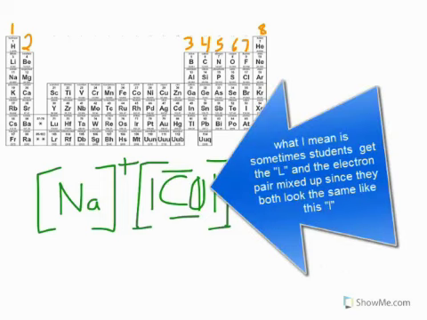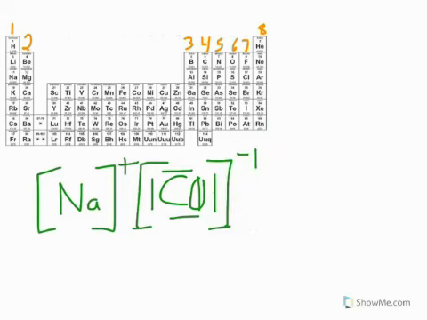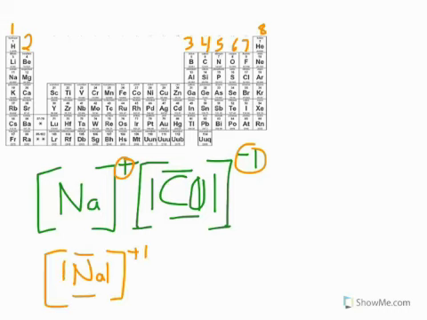And this is -1. So I have a charge up here on the sodium and a charge on the chloride, indicating an ionic compound. The other way to represent it is sodium with 8 valence electrons around it, plus 1, and the chloride with 8 valence electrons around it, minus 1.